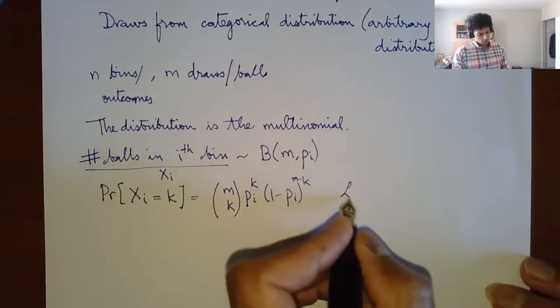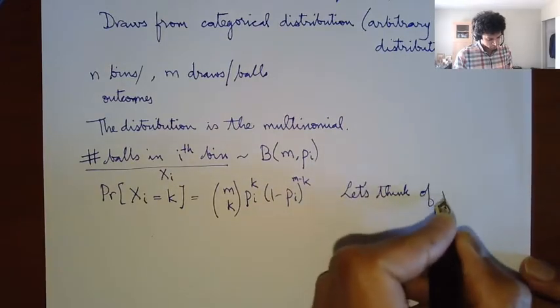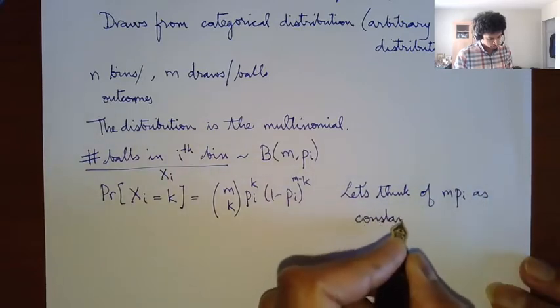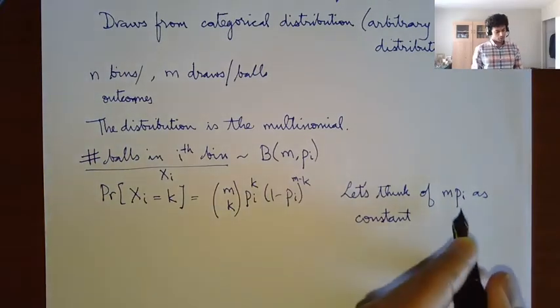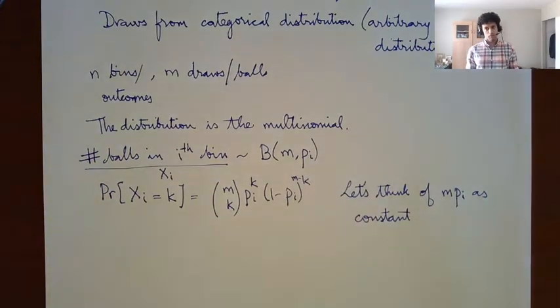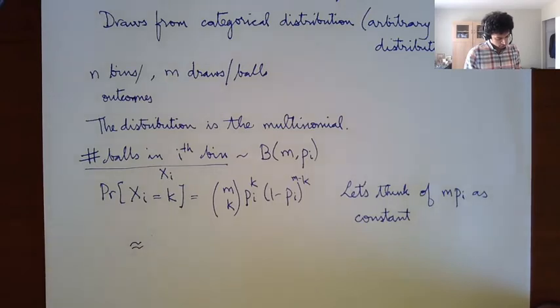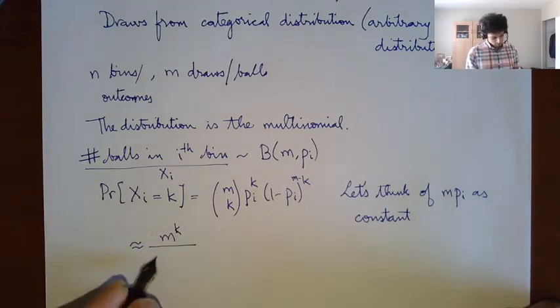Okay, so let's think of m pi as a constant. So I'm just going to run some approximations here. M is a very large number and pi is a very small number. And so what I get is that this would be approximately m to the k divided by k factorial, right?